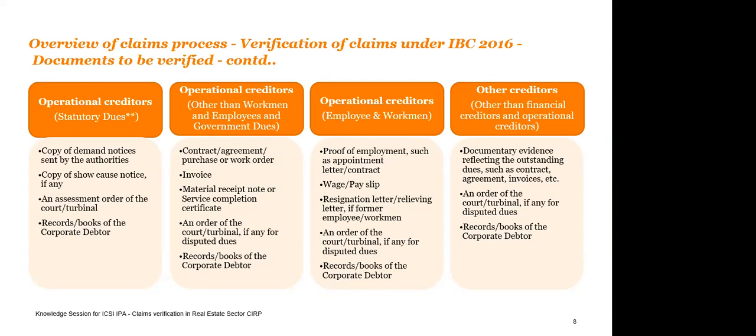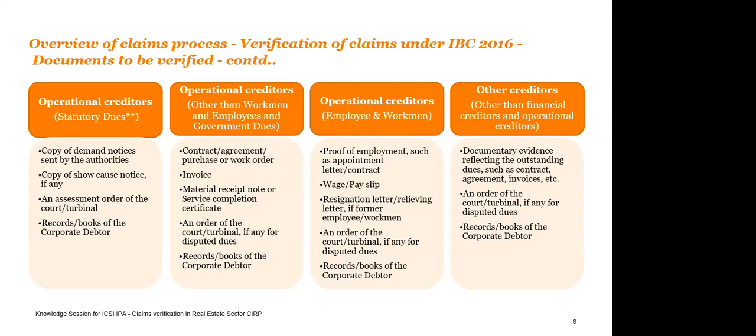Now, moving on to the workman and employee. Basically, their pay slips and their appointment letter are the key documents that are to be verified. Nowadays, the employee claims are very important after the judgment regarding gratuity and PF, that it needs to be settled in full.